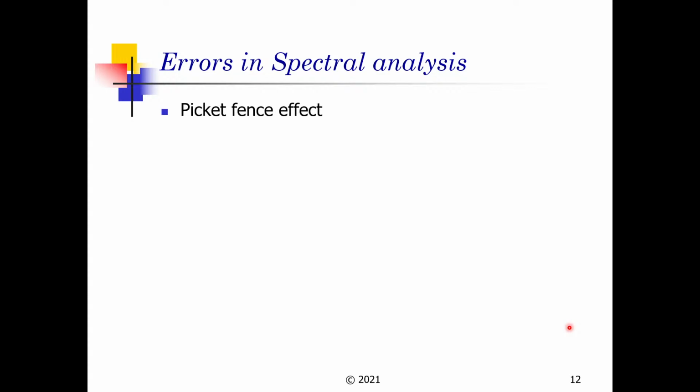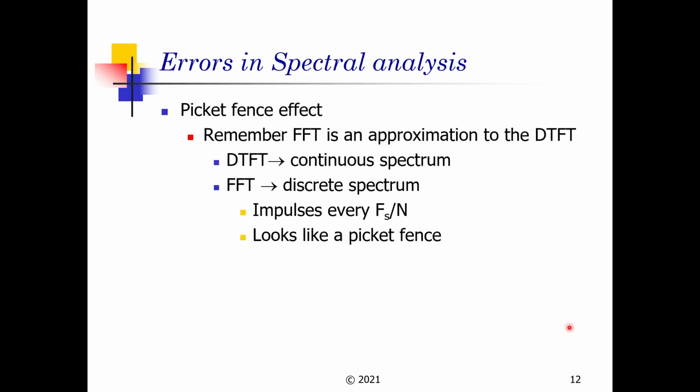This sort of effect is what we refer to as the picket fence effect. The reason is that the fast Fourier transform we use in the FFT is an approximation to the DTFT that we saw in the previous lectures. When we did the DTFT, we obtained a continuous spectrum, but the FFT gives us a discretized spectrum.